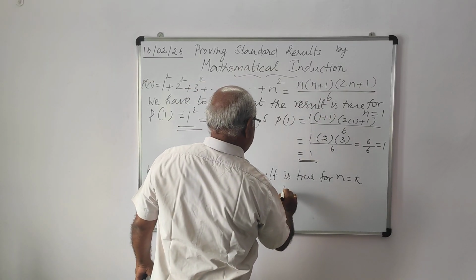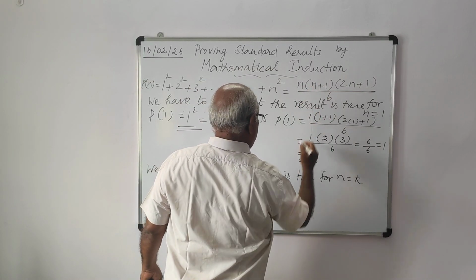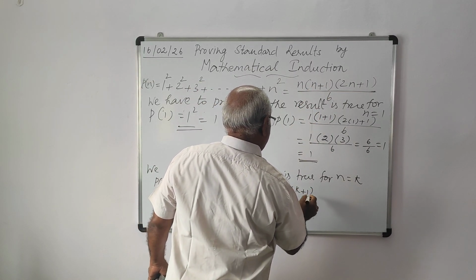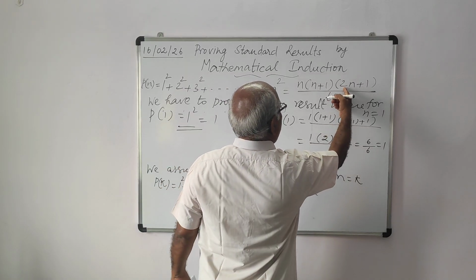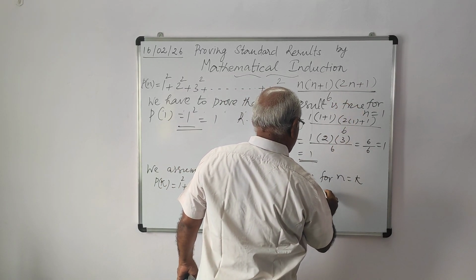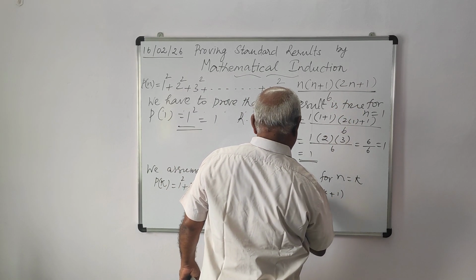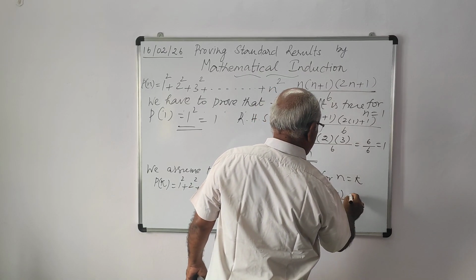That is k into k plus 1 into 2k plus 1 by 6. This is true.